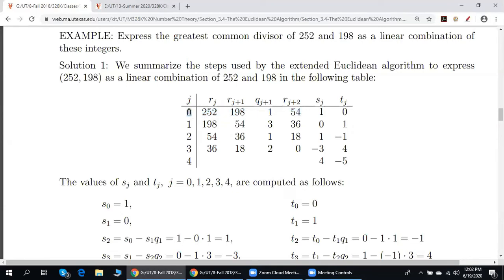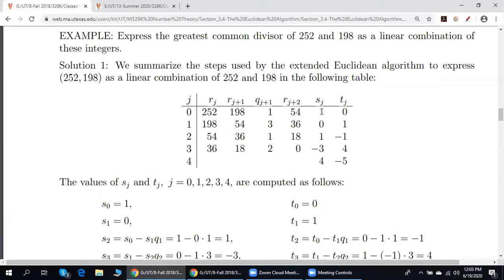We always put here 0. In order to come up with these numbers, you just copy the given numbers A and B. Done. In order to find these numbers, we use the division algorithm. We divide this by this, find the quotient, and find the remainder.